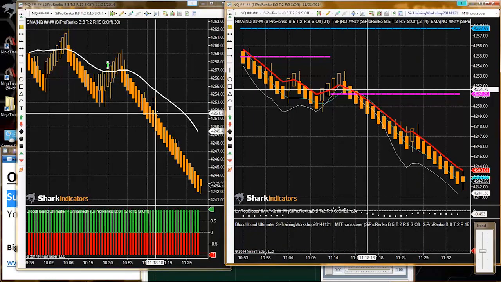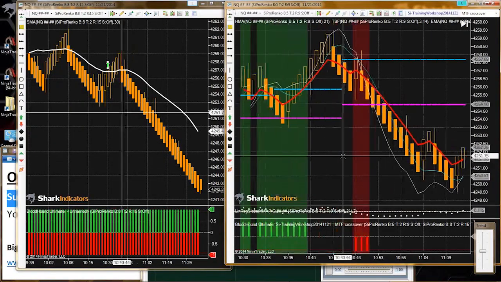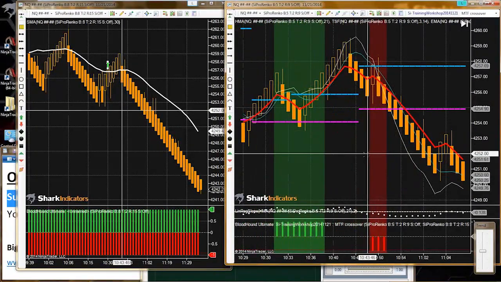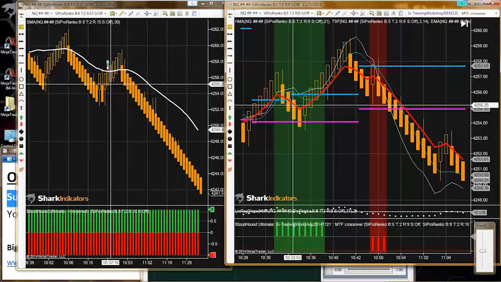You can make nice, perfect increments, multiples of time frames, if you're working with a tick chart or a volume chart or a minute chart. But with these Renko charts, you really don't get that nice multiple of time frames. You really can't set that up with a range or a Renko chart.